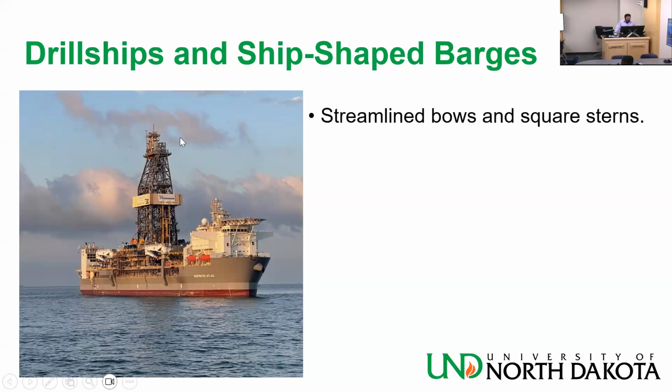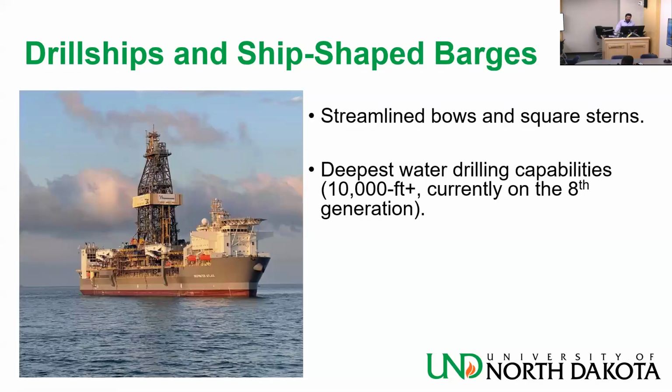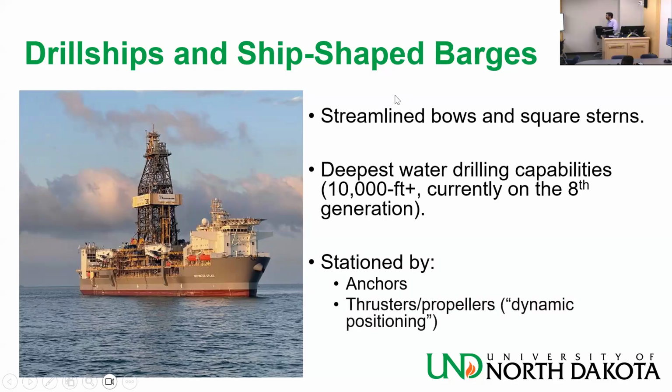Anyway, drill ships have streamlined bows and square sterns. Deepest water drilling capacity is 10,000 feet. They can do 12,000, 15,000 these days on the 8th generation. Stationed by several anchors, or thrusters and propellers.